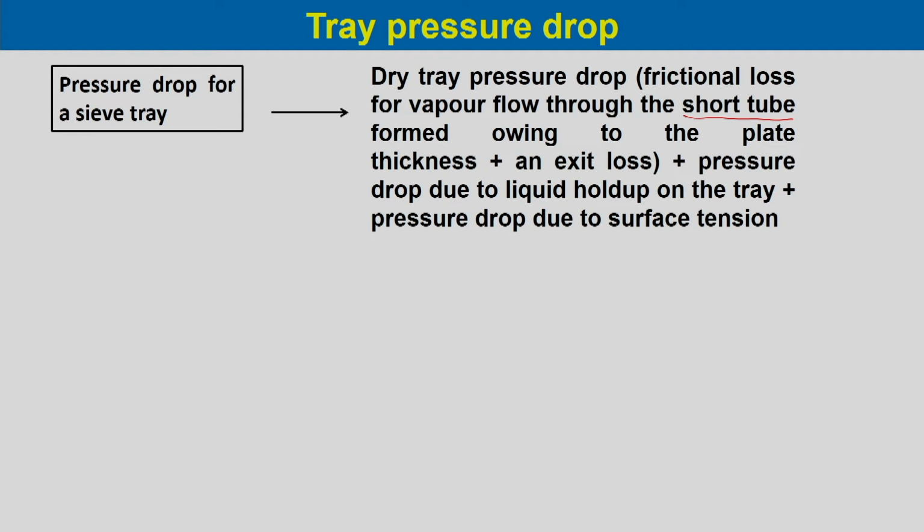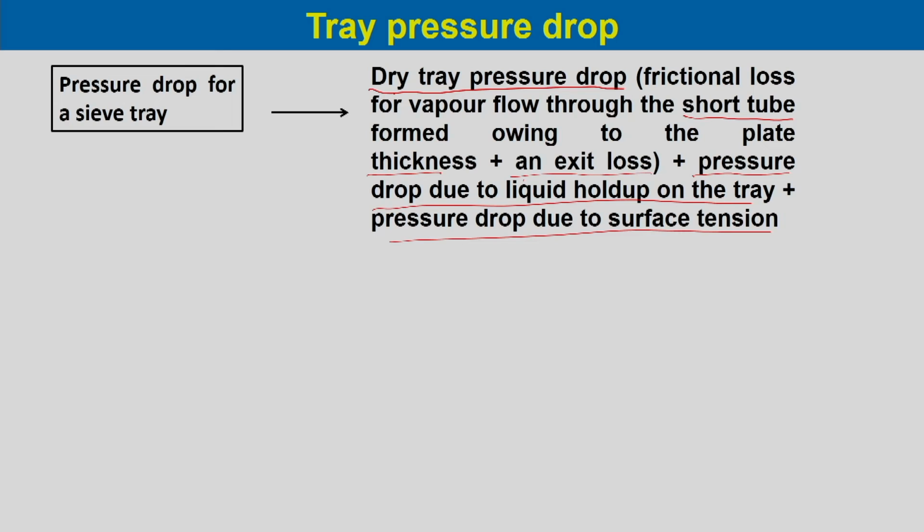So, all this has to be accounted for. We have the dry tray pressure drop, then pressure drop due to liquid hold up and pressure drop due to surface tension. Under dry tray pressure drop, we have two types: the frictional loss due to the short tube formed by the plate thickness, and an exit loss.